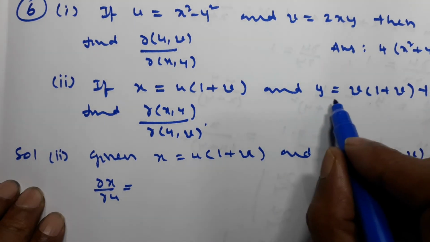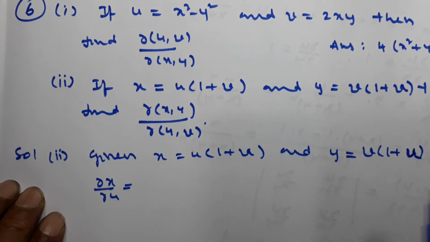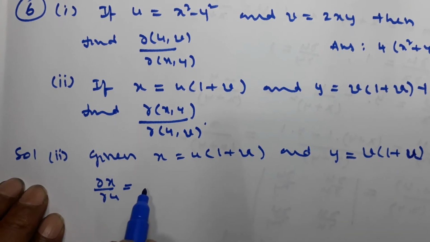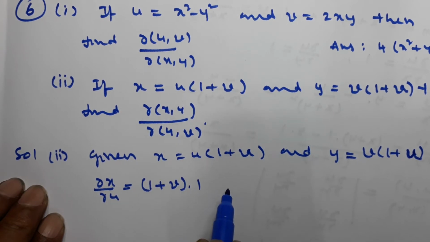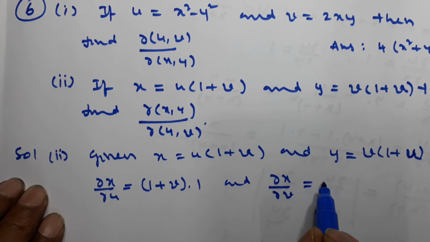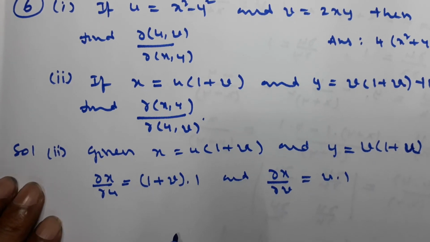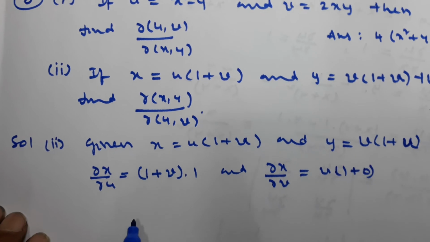Dou x by dou u is equal to, as 1 plus v is constant, as we are differentiating partially with respect to u, so that 1 plus v. Next, dou x by dou v is equal to, u is constant, 1 plus v can be differentiated, it is 1 plus 0, that is u.